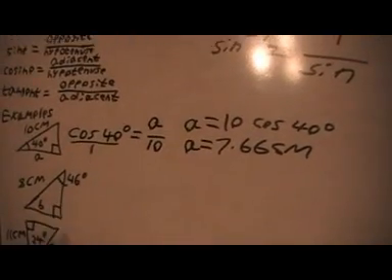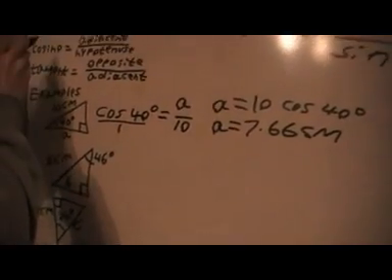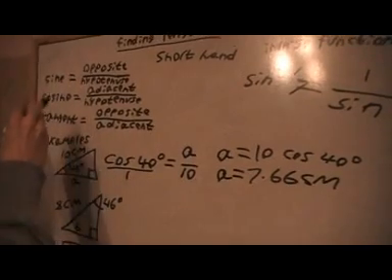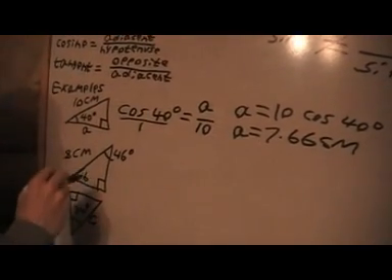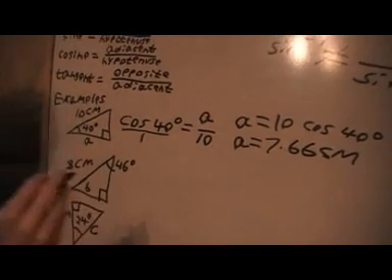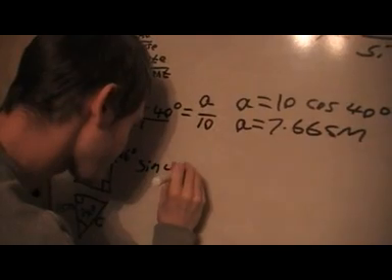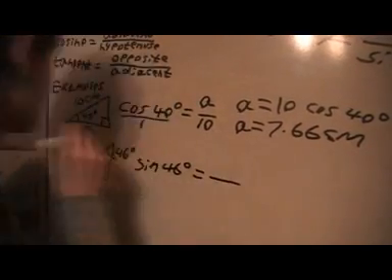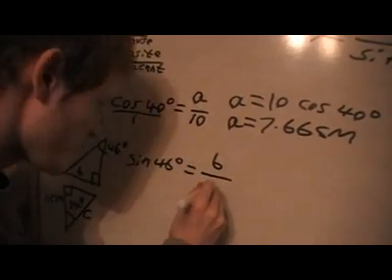So in this problem we're going to use the sine, because we know the hypotenuse and we want to find the opposite side from the angle. So for this problem we're going to say sine of 46 degrees must be equal to B over 8.